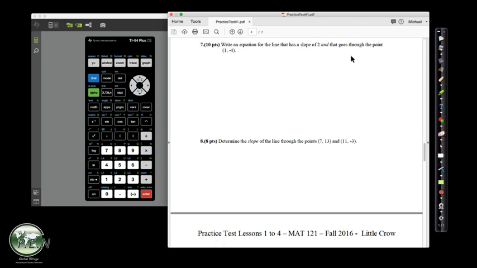So we're given an equation of a line that has a slope of 2 and goes through this point, (1, -4). Every equation of a line can be represented as y equals mx plus b.